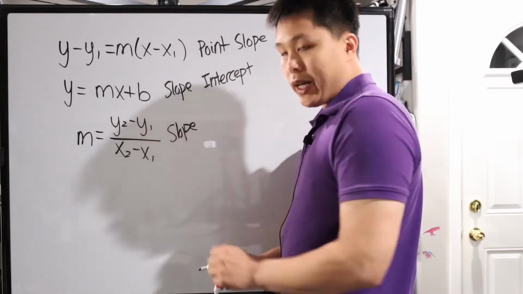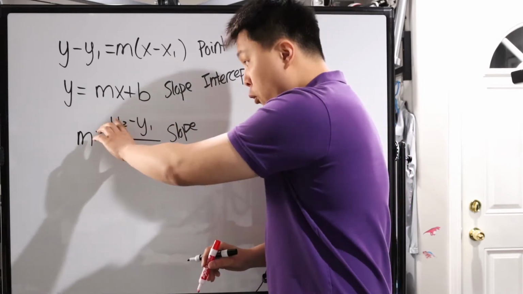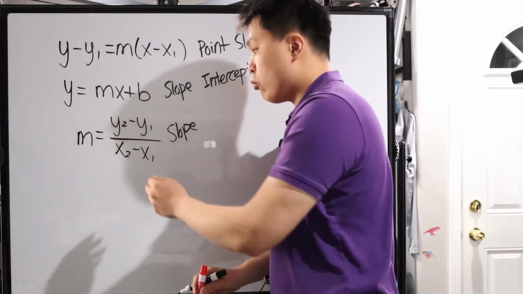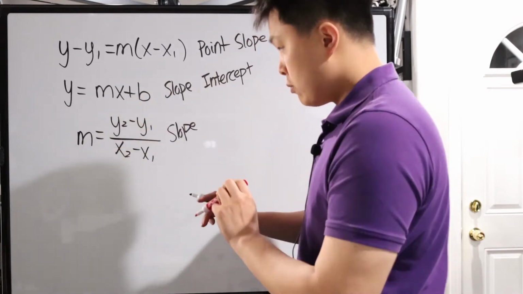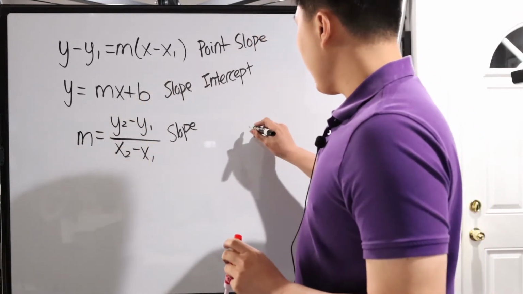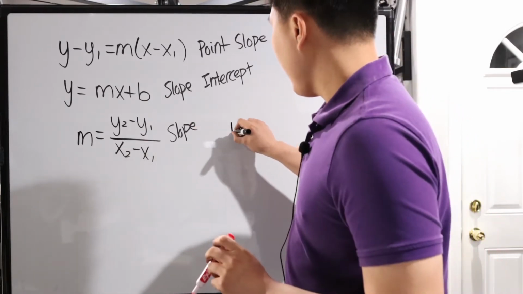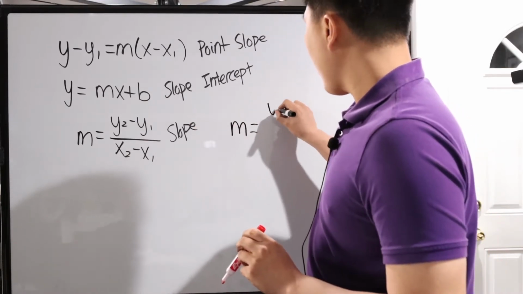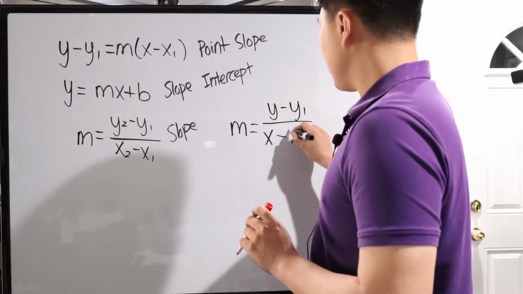Instead of y2 and x2, I'm going to generalize this particular point, which is originally y2, x2, into something just general, y and x. So rather than m equals y2 minus y1 over x2 minus x1, m is going to equal y minus y1 over x minus x1.